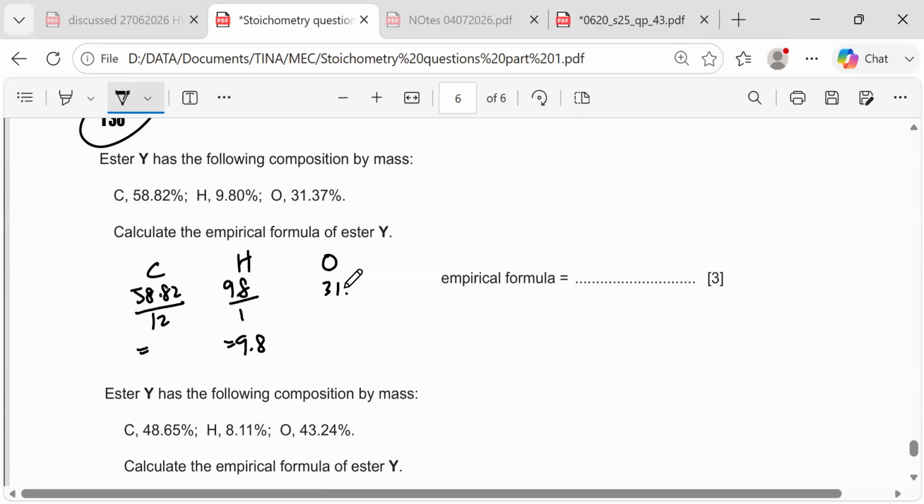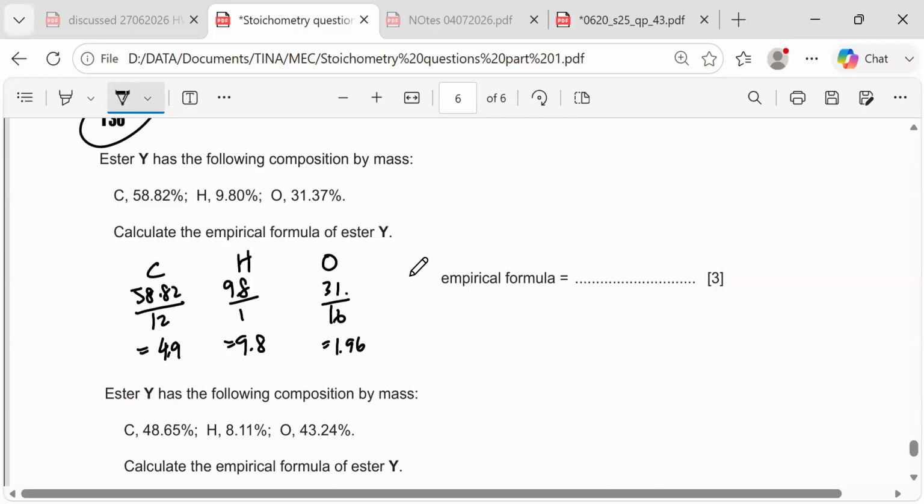How did you get this? You divide. Correct.